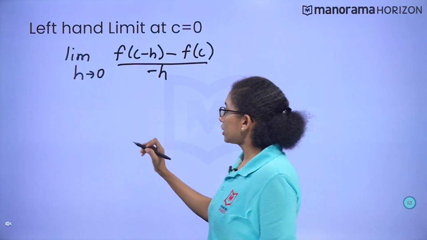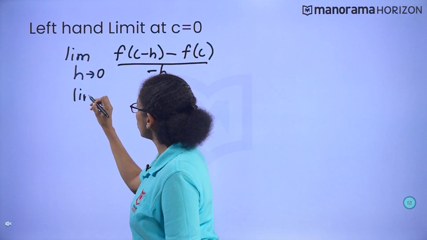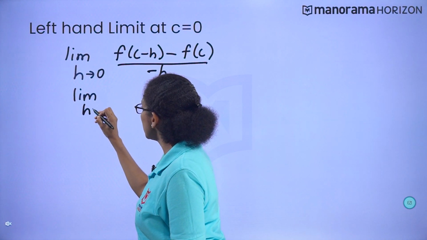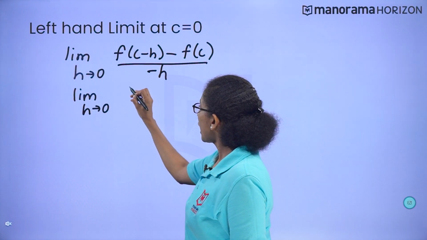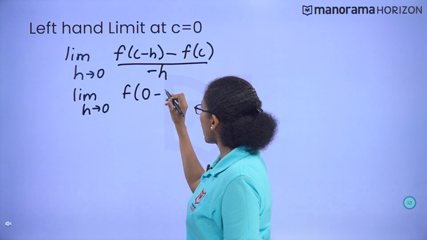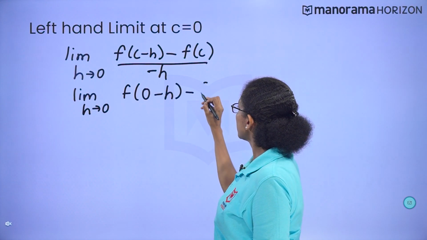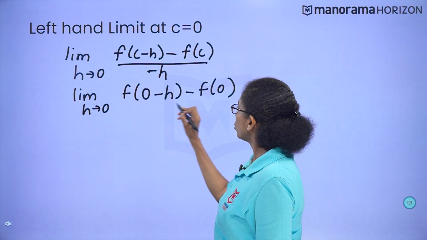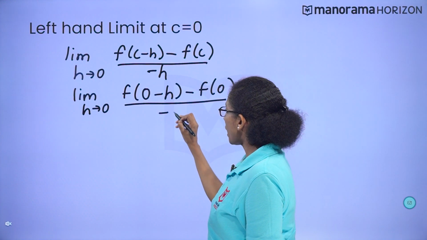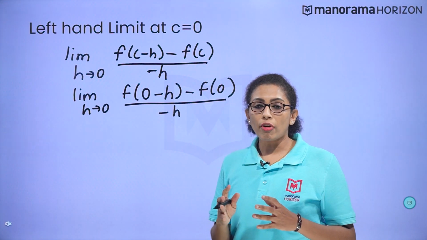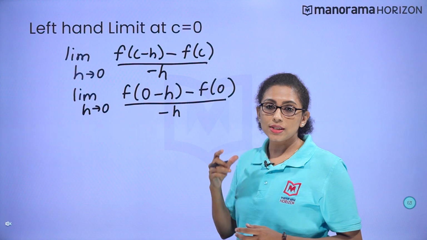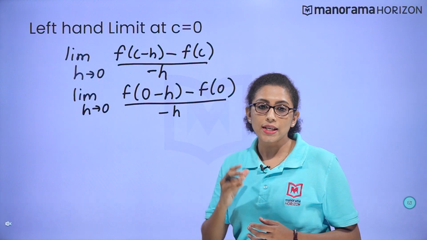This can again be written as, substituting the value of c as 0, limit h tends to 0 of f of 0 minus h minus f of 0, the whole divided by minus h. Here for the function f of 0 minus h, h is less than 0.